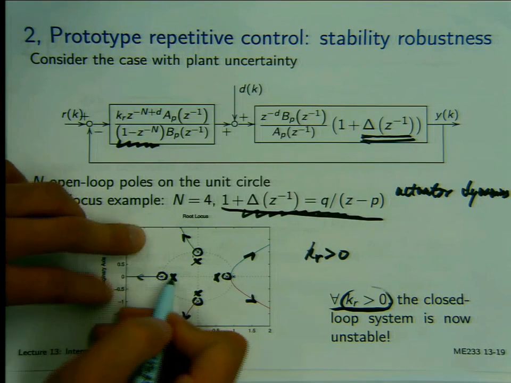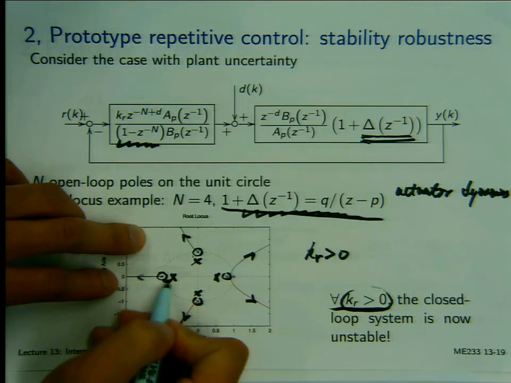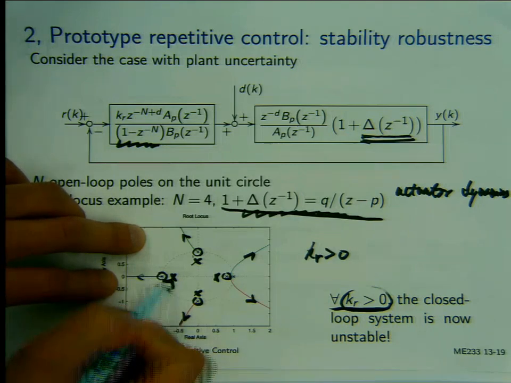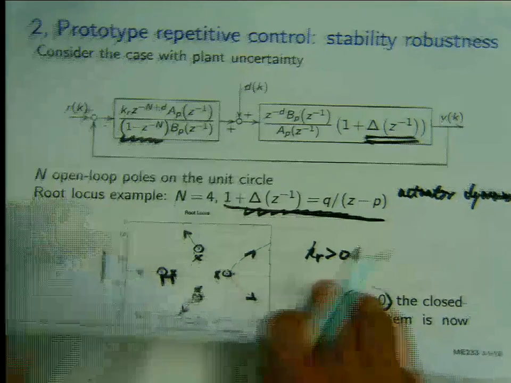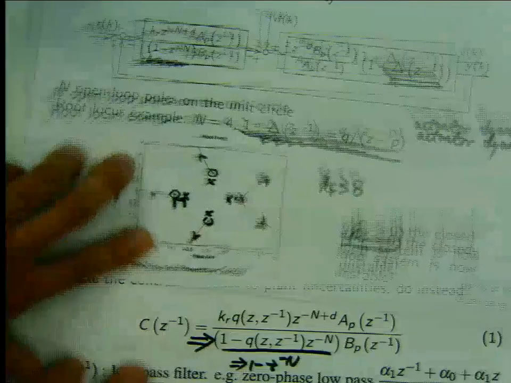If the arrows are still going in this direction, I have this stability margin to go. This is exactly the intuition for this slide here.